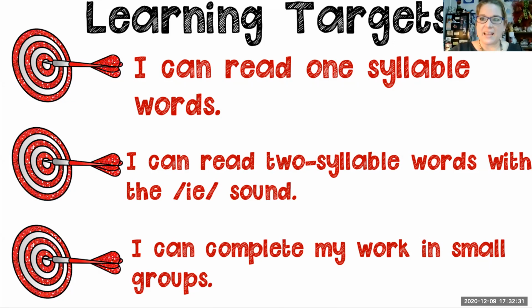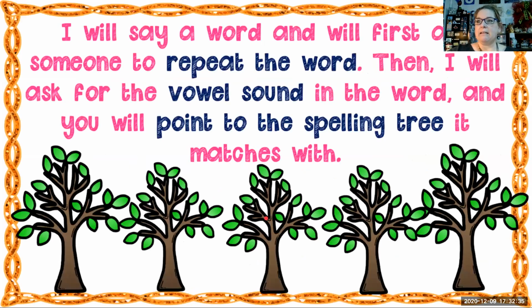Okay. I had to fix something real fast. Sorry. Alrighty. So today I am going to say a word, and I want you to repeat the word with me, okay? I can't hear you, but I still want you to do it.